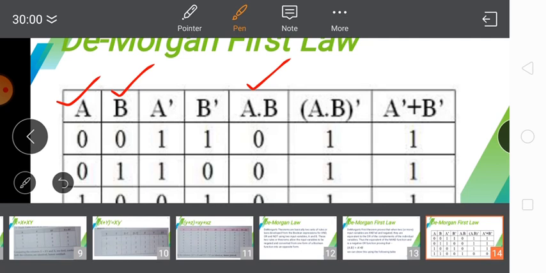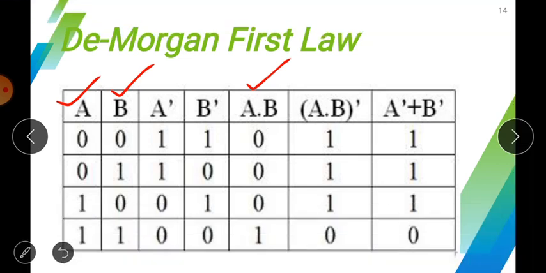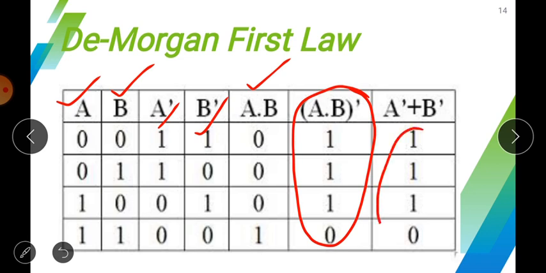On the other side, it is more clear: A complemented is this column and B complemented is this column, combined with the OR function, and this is the final column for the other side.